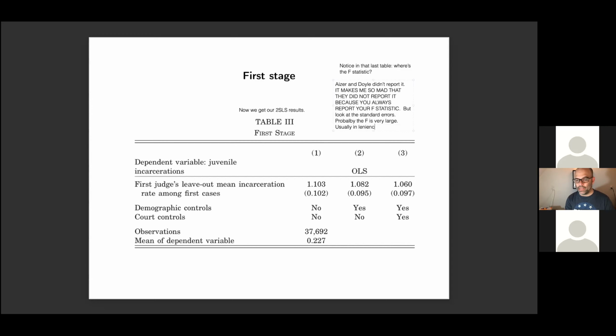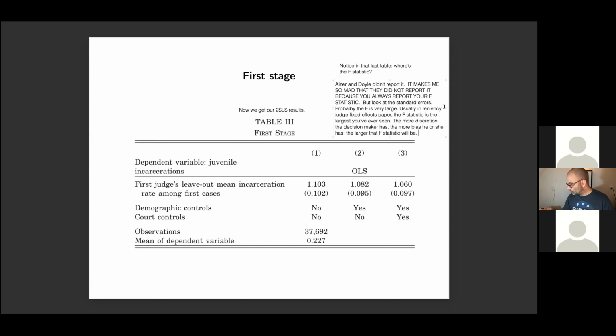Usually in leniency judge fixed effects papers, the F statistic is the largest you've ever seen. The more discretion the decision maker has, the more bias he or she has, the larger that F statistic will be.